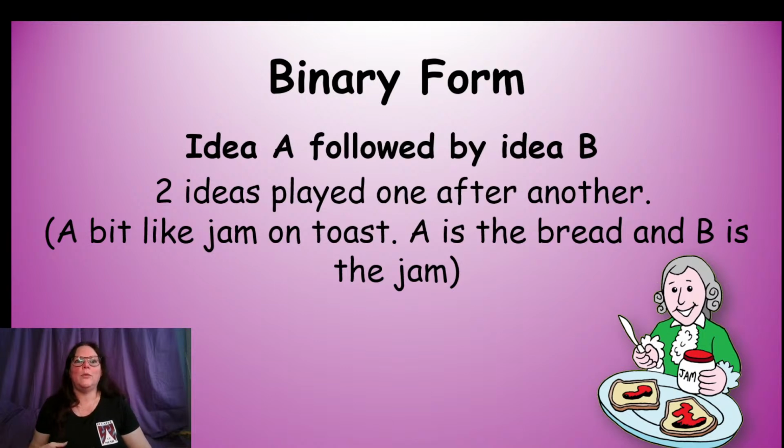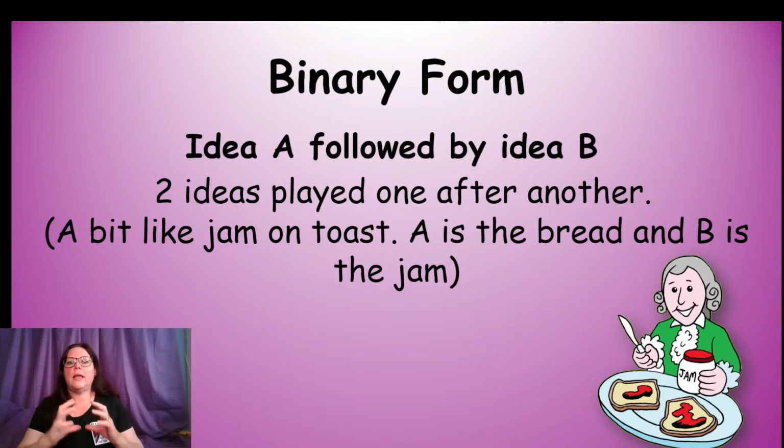Now, normally the piece would sound finished at this point. We know that Twinkle Twinkle goes on and does something else. But in binary form, you have this idea A followed by this idea B. And probably one of the best examples of that is the piece of music Air on a G String by Bach.